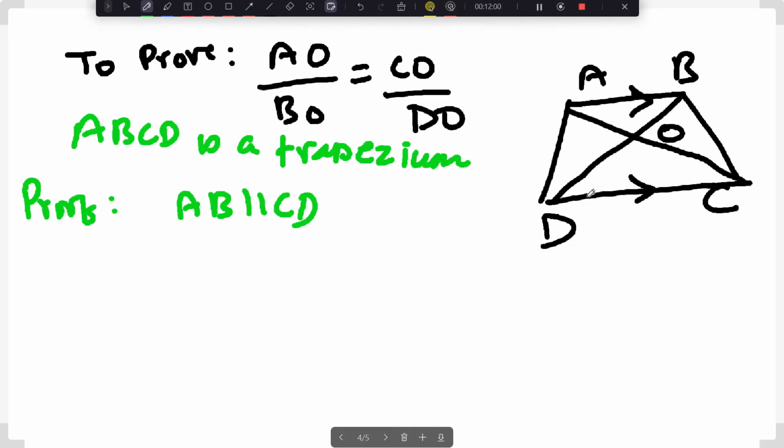Okay, this is parallel to this. Now this is parallel to this. This is parallel to this, right? So now we have to prove that AO by BO is equal to CO by DO.